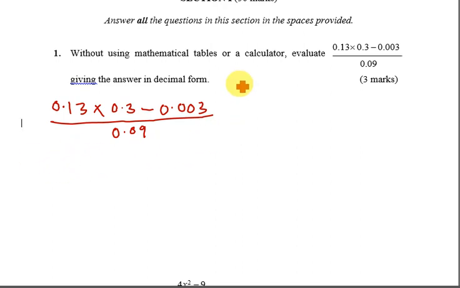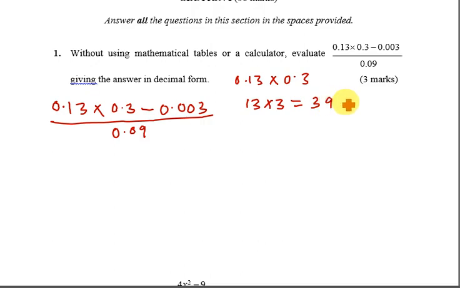So we multiply 0.13 multiplied by 0.3. To make it easy for us, we take the whole numbers, then we count the number of decimal places. We have 1, 2, 3. So we take 13 multiplied by 3, which gives us 39.